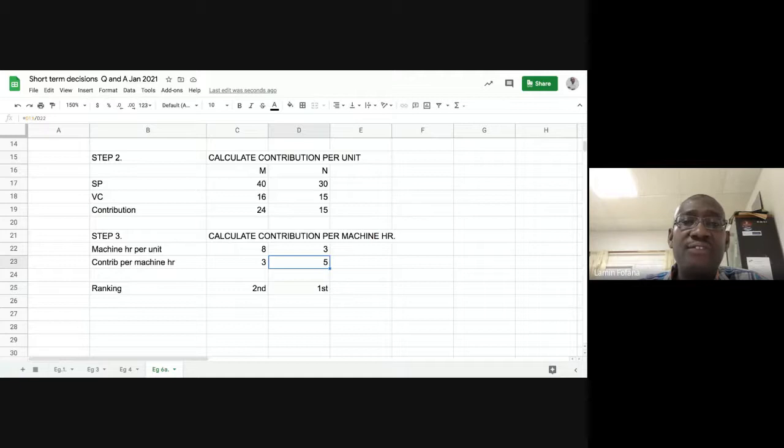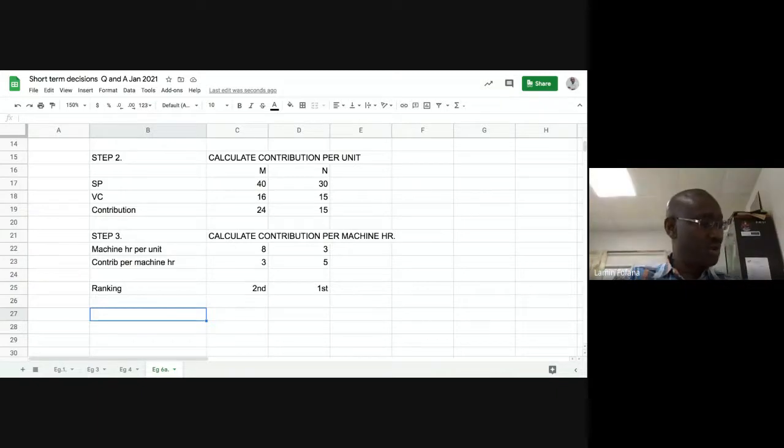Look at it, £5 per hour versus £3 per hour in terms of contribution. Good. So now we're going to go to step 4.